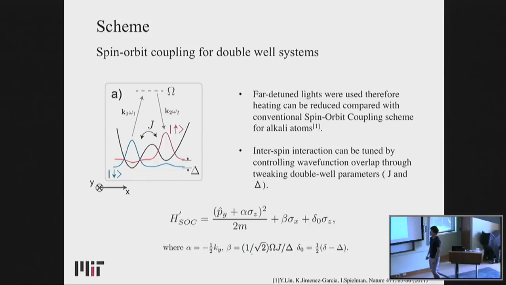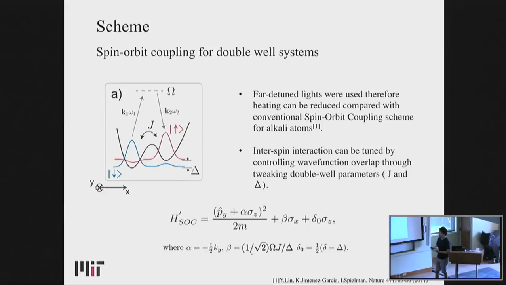Another very good part about our scheme is that our inter-pseudo-spin interaction is tunable. The way to see it is that in our scheme, the inter-pseudo-spin interaction is basically the wave function overlap between the atoms in the left well and in the right well.